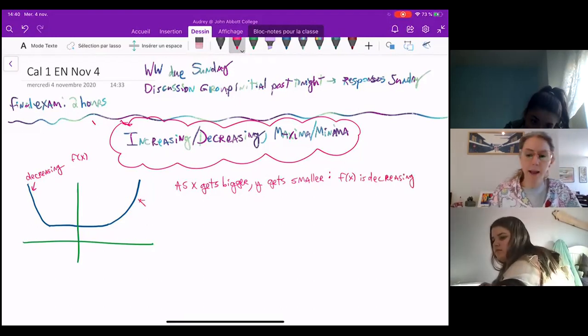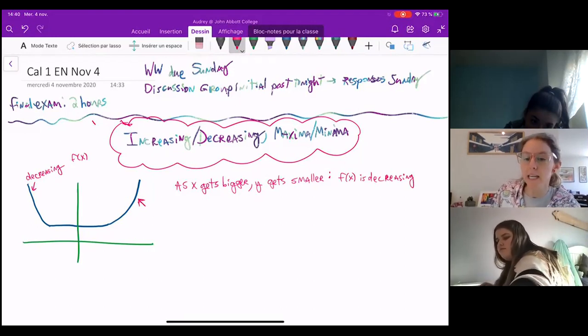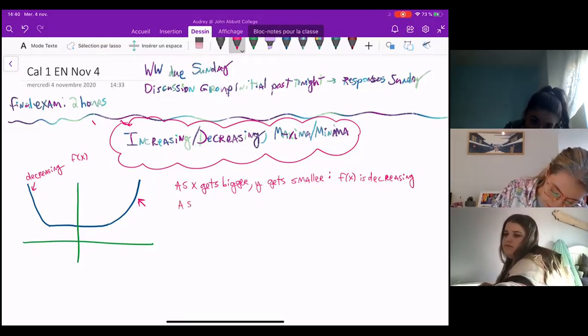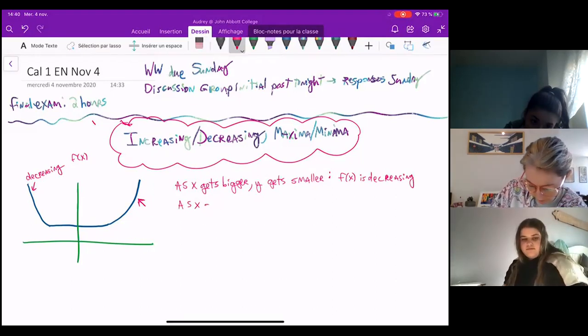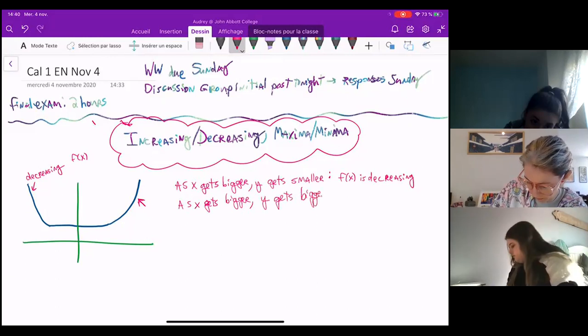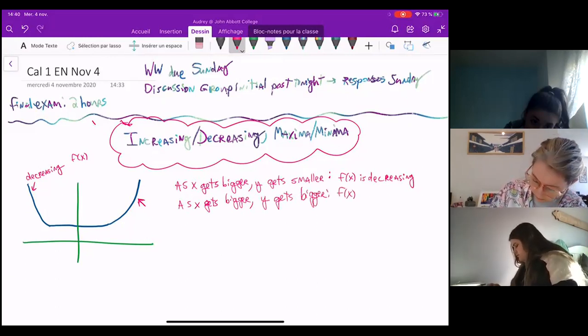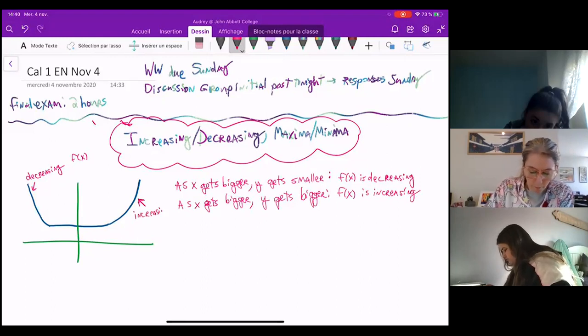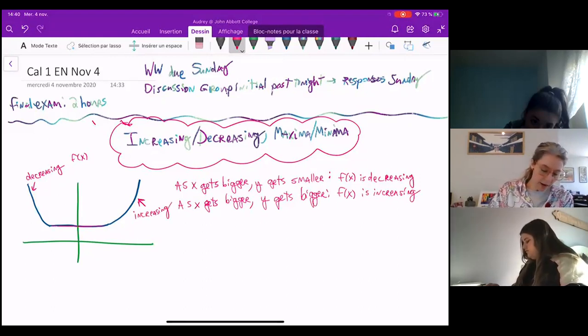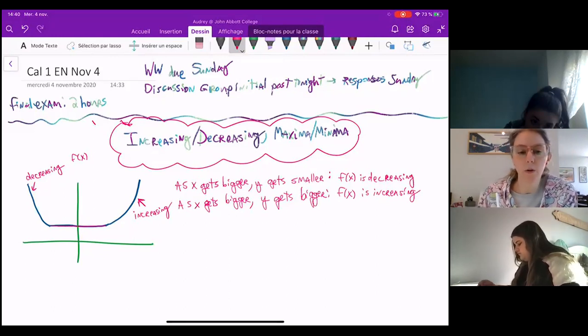Over here, as my x value gets bigger, my y value also gets bigger. And in this case, we say that f of x is increasing. So here, we call this increasing. And then on this line right here, what happens to my y value as x gets bigger?